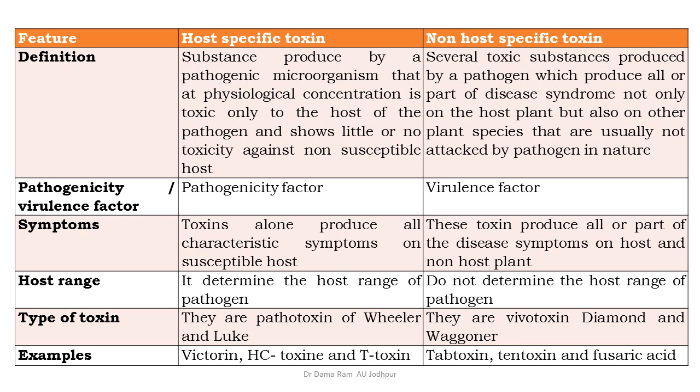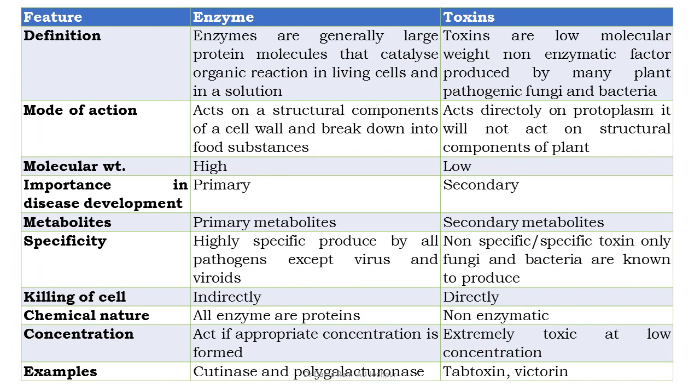As for the type of toxin, host-specific toxins are the pathotoxins of Wheeler and Luke, and non-specific are the vivotoxins of Dimond and Waggoner. Examples: victorin and T toxin under host-specific toxin, and tentoxin and tabtoxin under non-host-specific toxin. And one more difference is between enzyme and toxin, because we already covered two topics: the role of enzymes in plant disease development and the role of toxins in plant disease development.